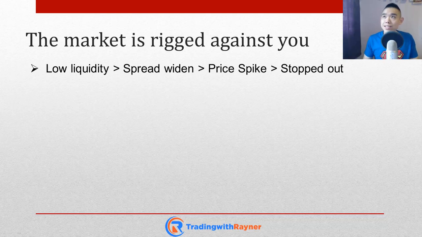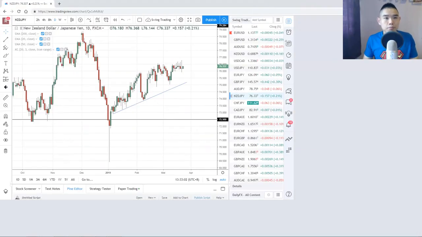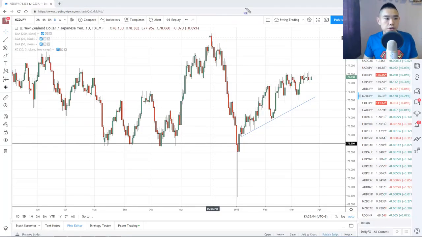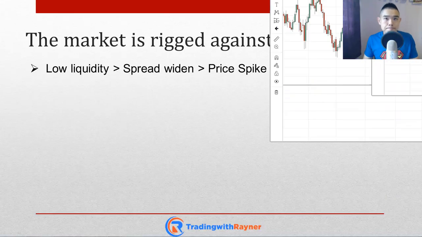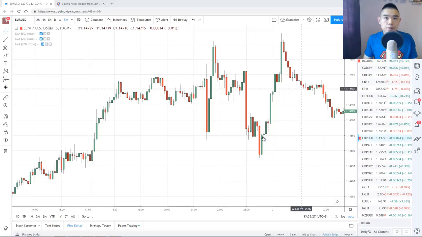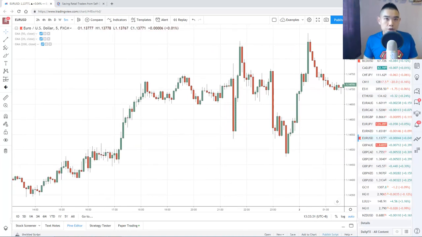In fact, let me explain what I mean. So you can see over here, on this chart, this is where the news is released, NFP on euro dollar. You can see that the price spikes down, then it spikes up, and it comes back down.